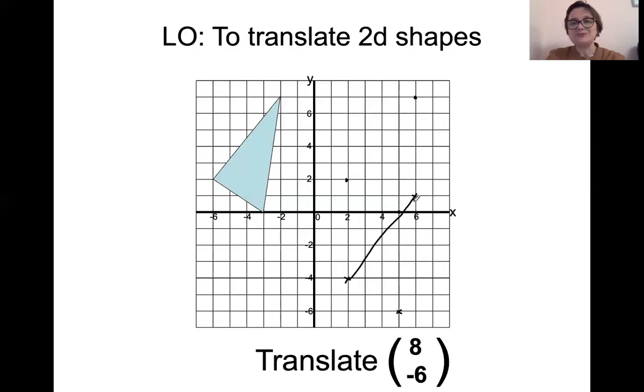I'm sure the lines in your books are going to be so much straighter than these lines. Yeah, this is our translated shape. Let's have a look now. There you go. That's the first and the second, and they exactly match.